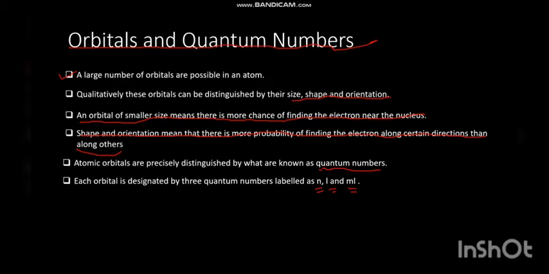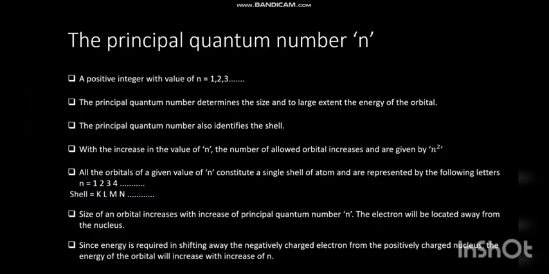Moving on to the first quantum number, which is the principal quantum number. It is a positive integer and can have values 1, 2, 3, and so on. The principal quantum number will determine the size and, to a large extent, the energy of the orbital.